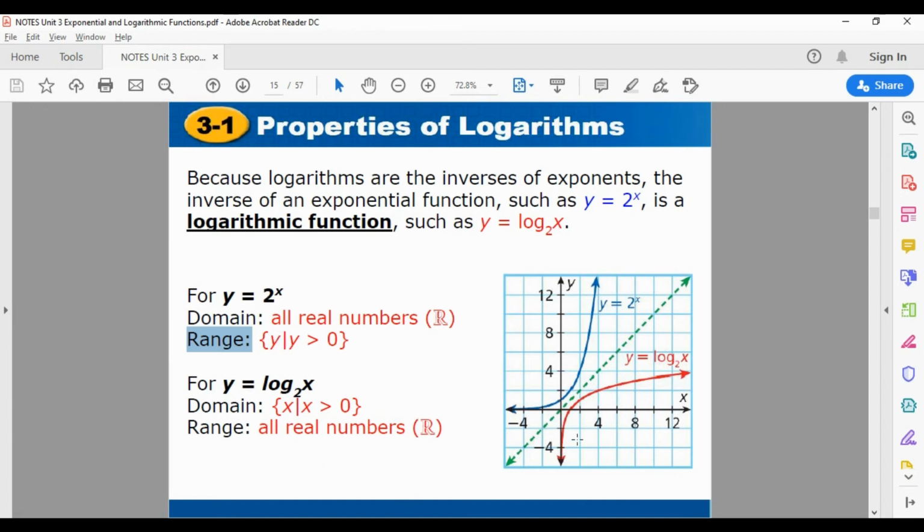Whereas in the exponential the range starts at 0 exclusive and moves towards positive infinity, in your logarithm your domain, your x values, are also greater than 0. In the exponential, where your domain is all real numbers, that is your range in your logarithm.